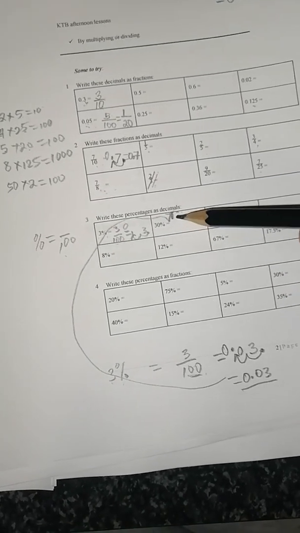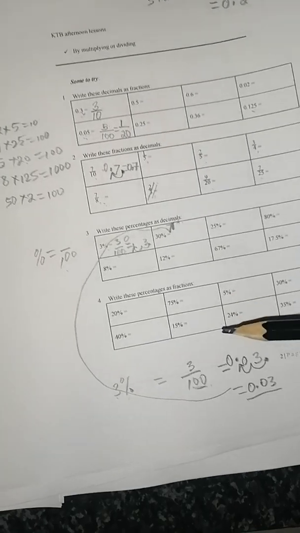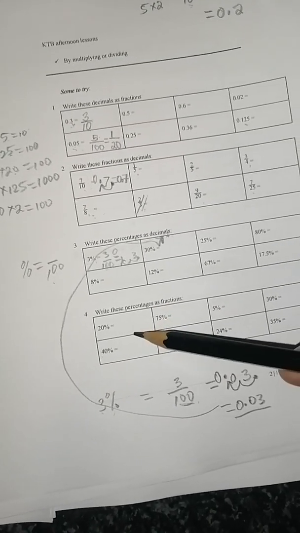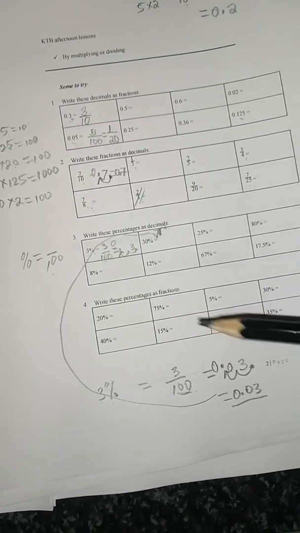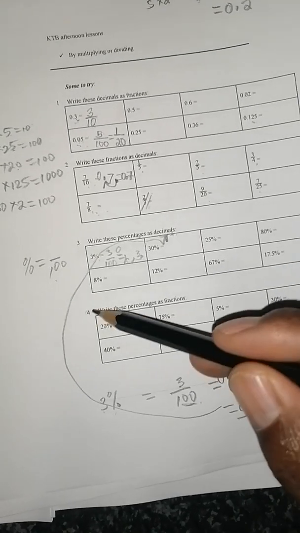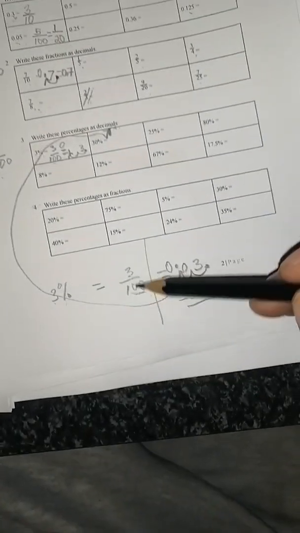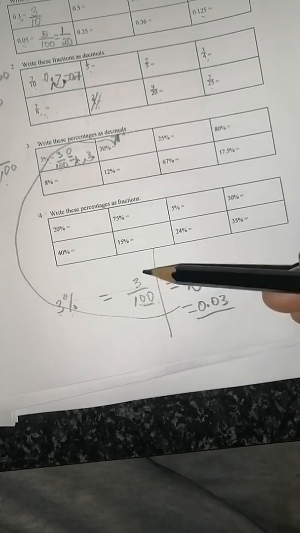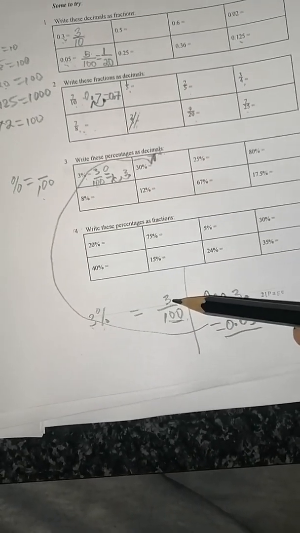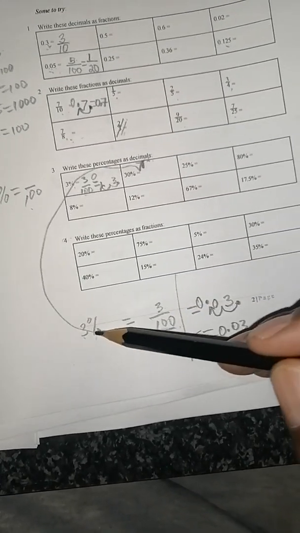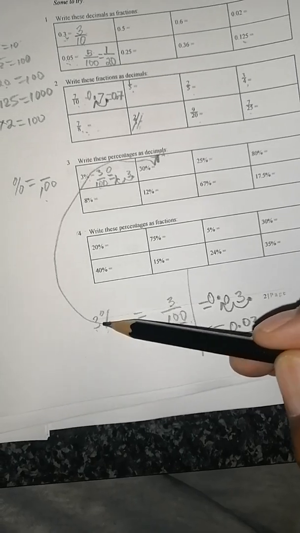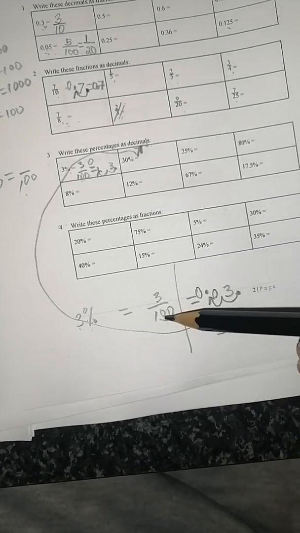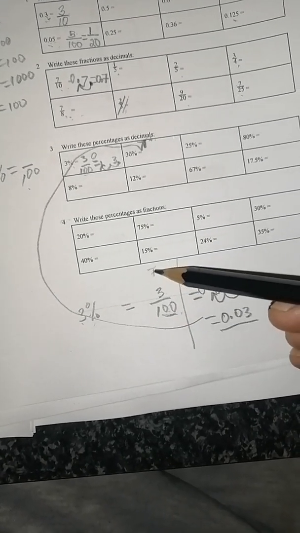Writing these percentages as fractions, here in this question we just end here, provided that this is in the simplest form, because we are changing from percentages to fractions. This is a fraction.